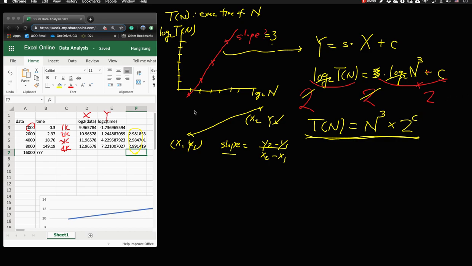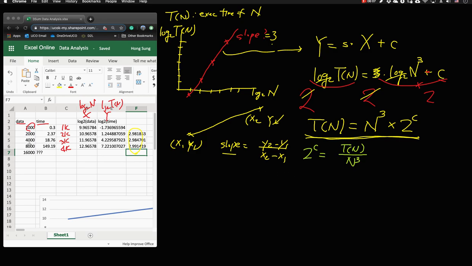Again, x means log2 of n, y means log2 of T(n), but the actual data, actual time is there. So to find 2 to the c, let's compute 2 to the c. 2 to the c is T(n) divided by n cubed.